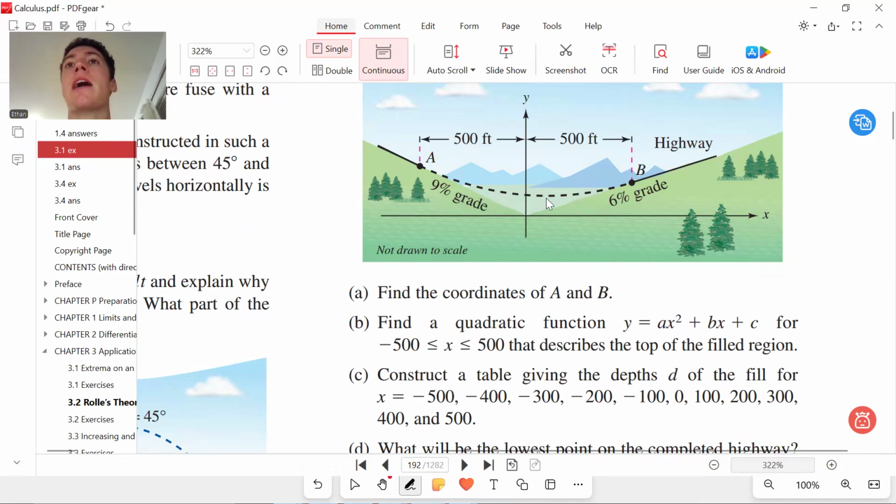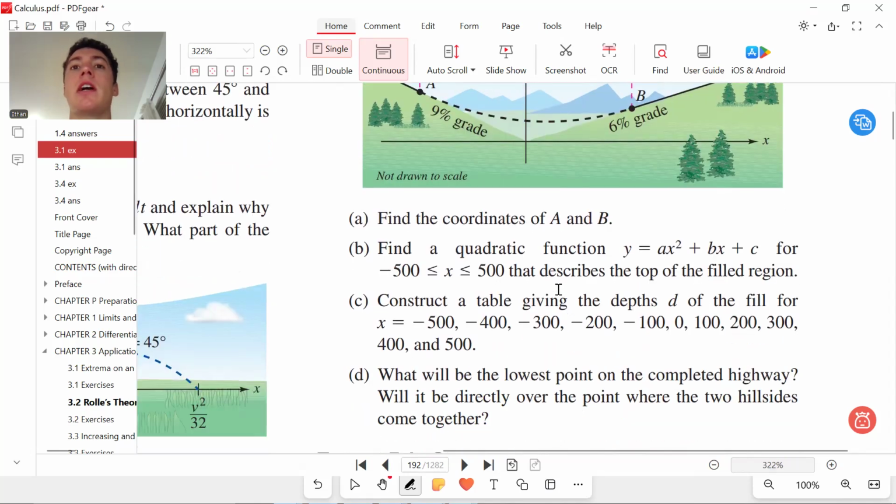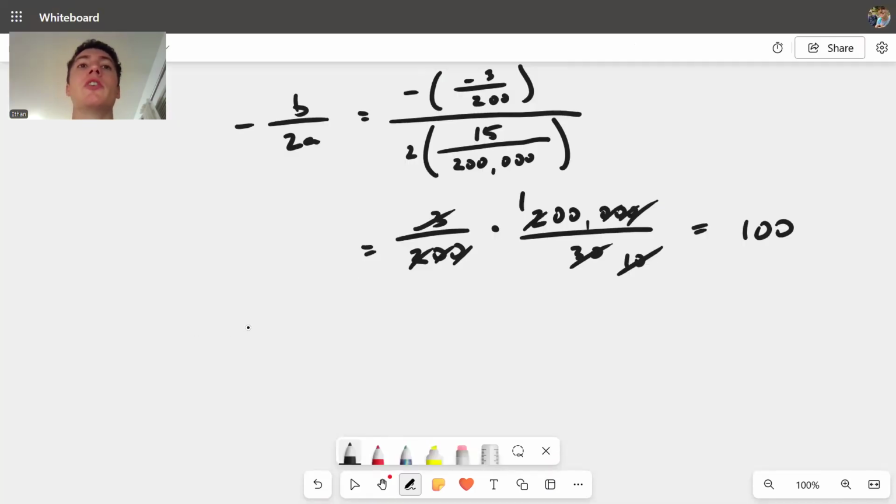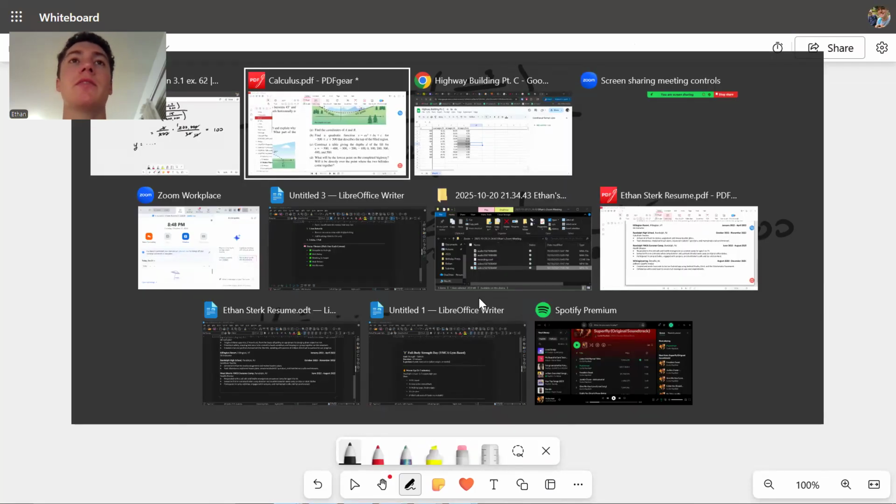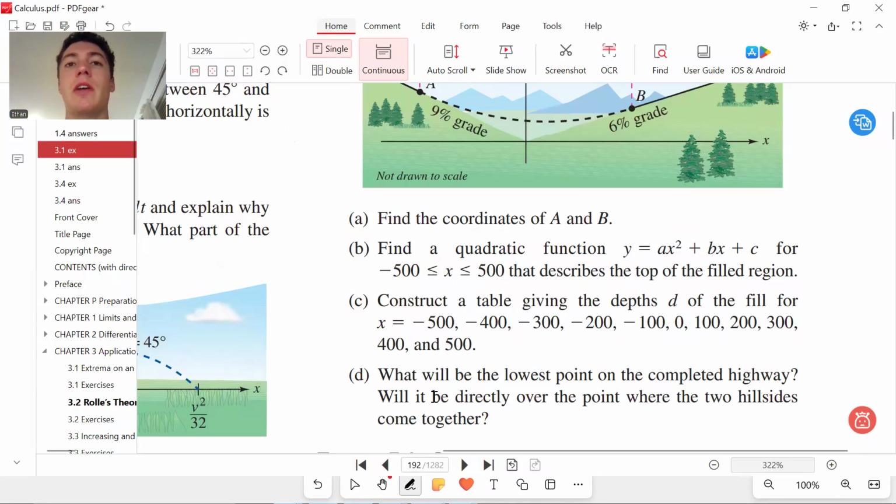Well, the lowest point occurs at 100 feet. I guess they want a y value for that too. So we would just plug in 100 into our quadratic that we had from earlier. And I'm not going to do that now because I think we can move on.